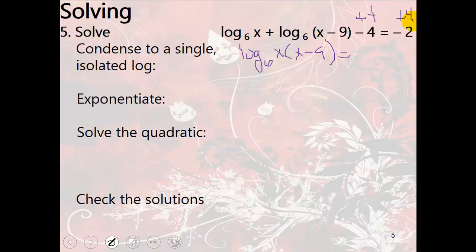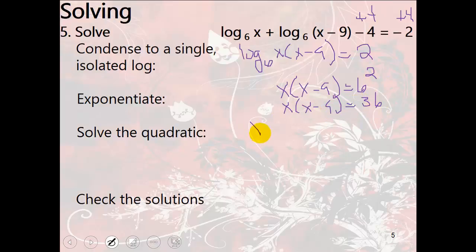So that's going to equal 2. Now I'm going to exponentiate, which says that my input, x times x minus 9, has to equal my base raised to my exponent. Okay, so that gives me x times x minus 9 equals 36.